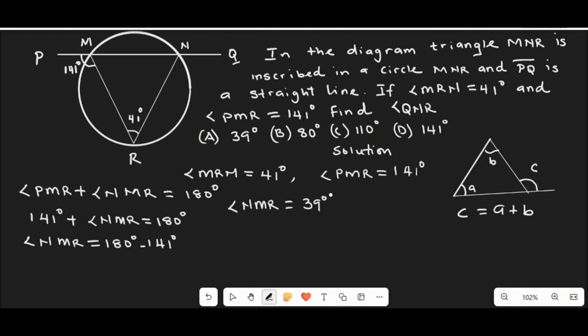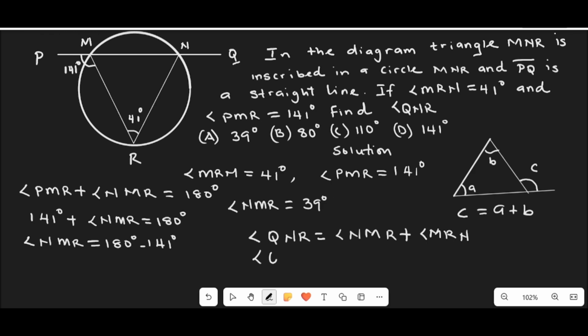So let us use the theorem to find our angle. So we can say angle QNR is equal to angle NMR plus angle MRN.